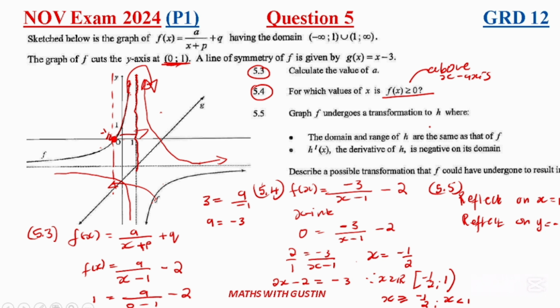The lines of asymptotes remain the same. However, our a value in this case is negative, and it is going to become positive. So the only thing they did was reflect all this along the lines of asymptotes. All right, and that was question 5, guys.